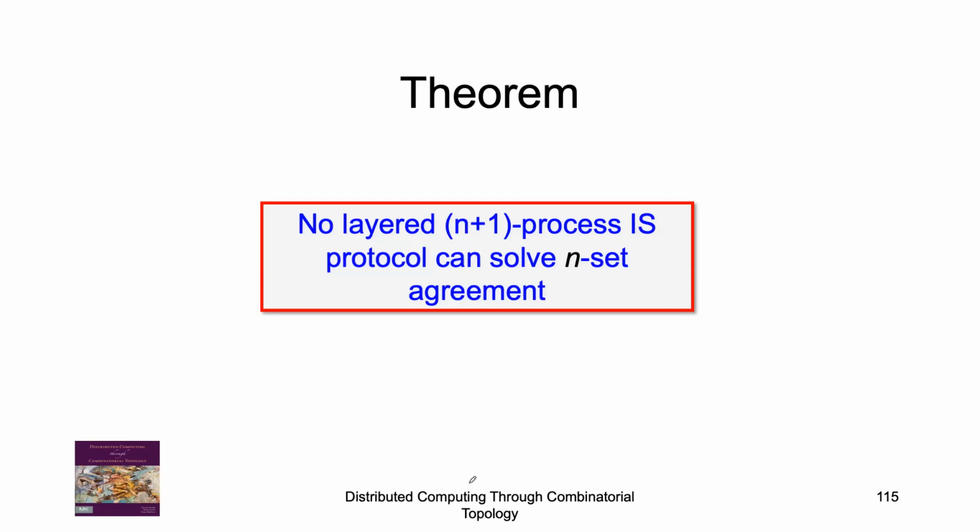You can say, in some executions probably you can, but no matter what protocol you take, what decision map you choose, there will always be some execution in which, starting with n+1 inputs, you produce n+1 outputs. This is what we're going to prove. This is called the impossibility of set agreement. Any questions on the statement of the theorem?